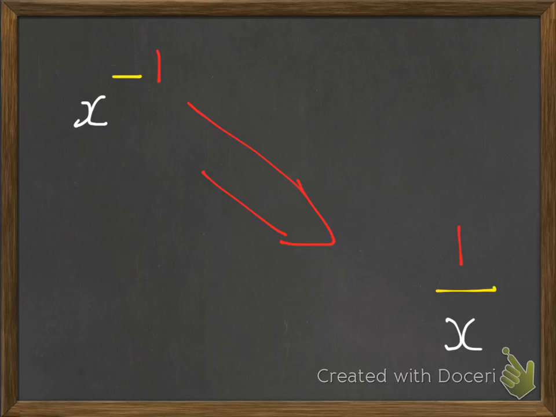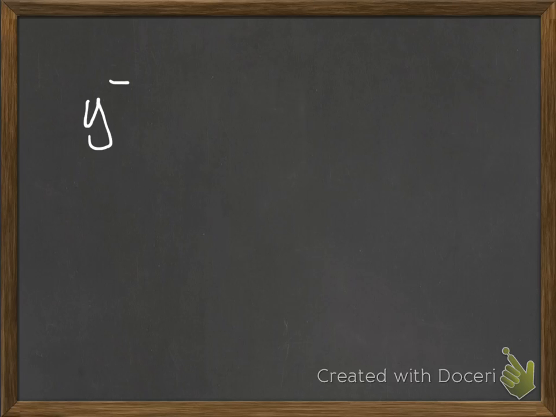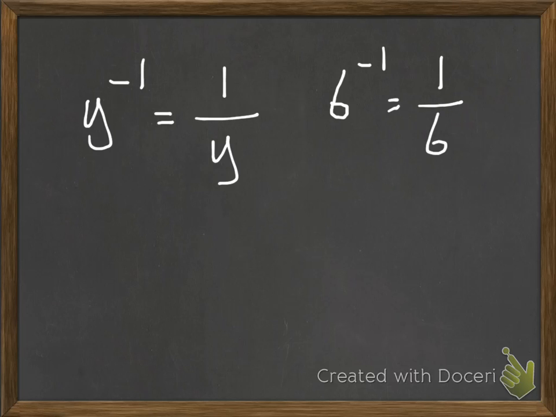Let's just get rid of these. I'm going to write it out again. Whatever I've got to the power of minus 1 means that I just put 1 over the thing itself. And I can do this with numbers as well. So if I had 6 to the minus 1, that would be 1 over 6.